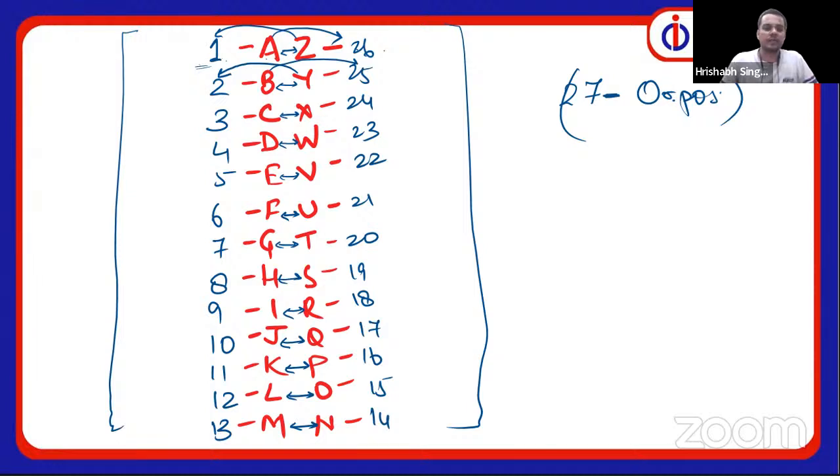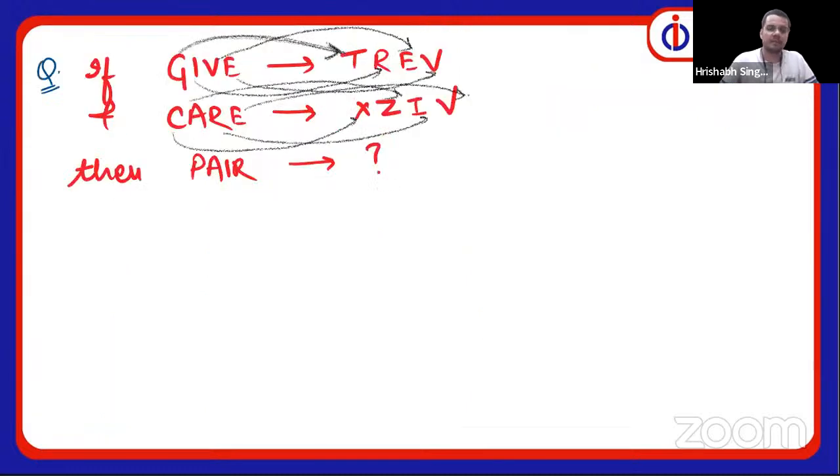So we can clearly see here, E and V are opposite as per the question. Also, A and Z are opposite. So we are using this method only. ठीक है. Now coming back to the question.